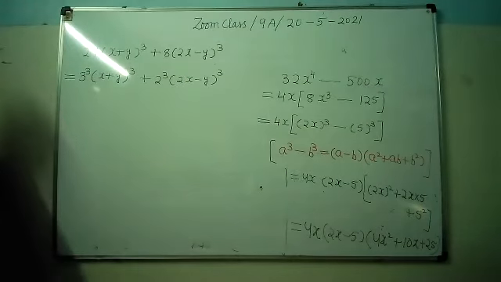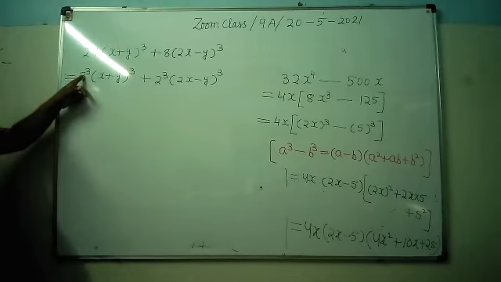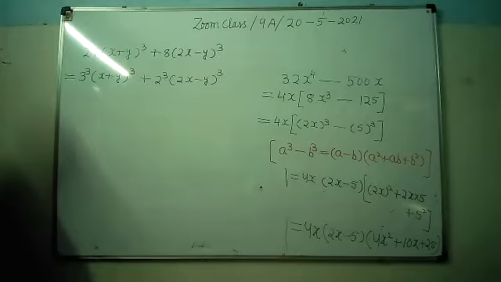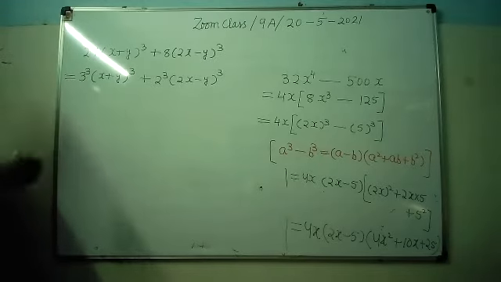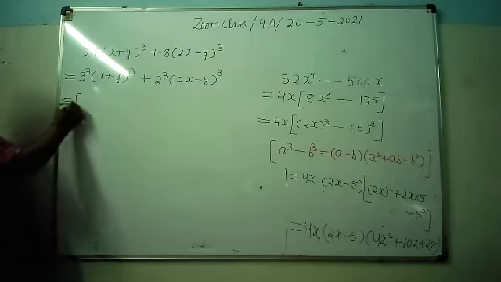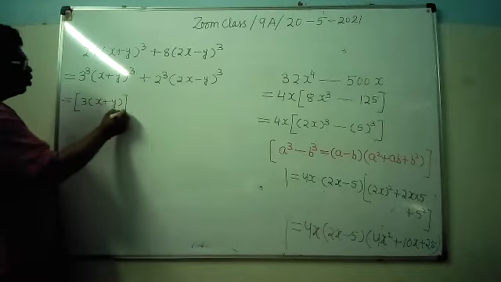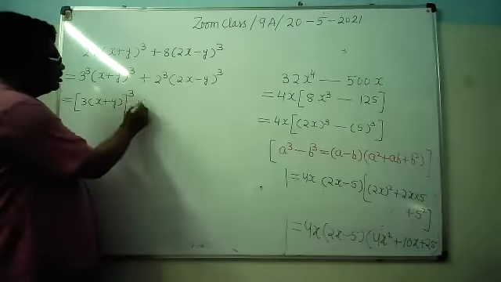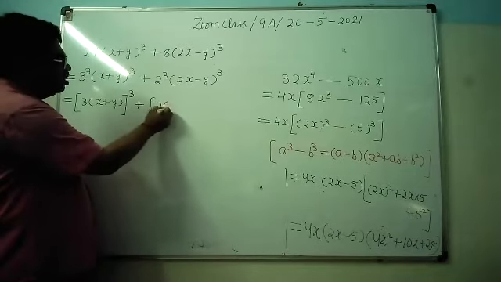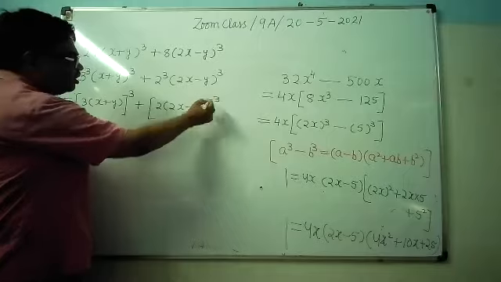It's clear? Now you can see here, this is the cube of 3 and this is the cube of x plus y. You take 3 inside, you write in this way: 3 into x plus y whole bracket cube. Similarly, this you write 2 into 2x minus y whole bracket cube.